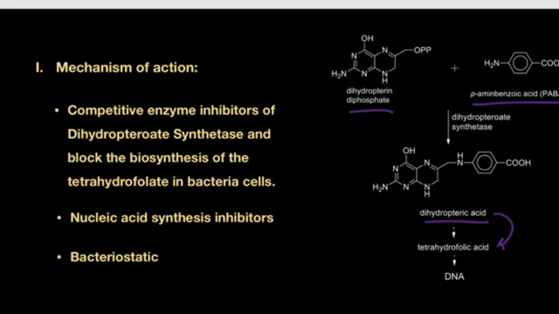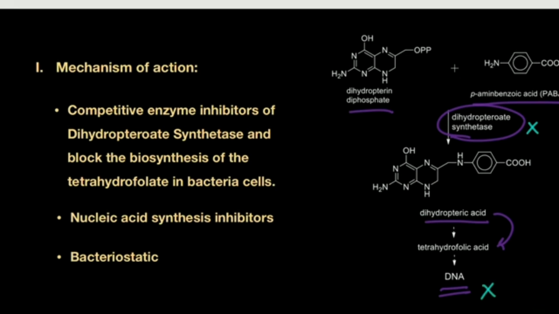So sulfonamides target this enzyme here, which is very important for bacterial growth and division due to its essential role in the synthesis of pyrimidine nucleic acid bases required for DNA synthesis. If this enzyme is inhibited, the pyrimidine and the DNA synthesis will be blocked as well.